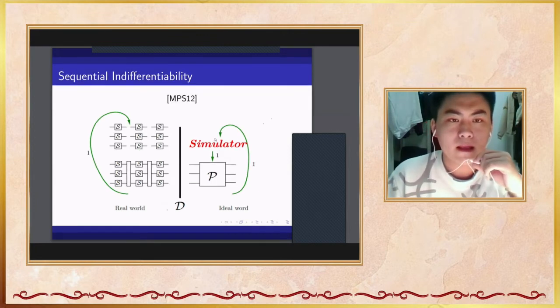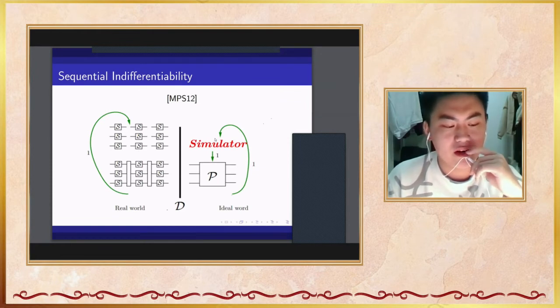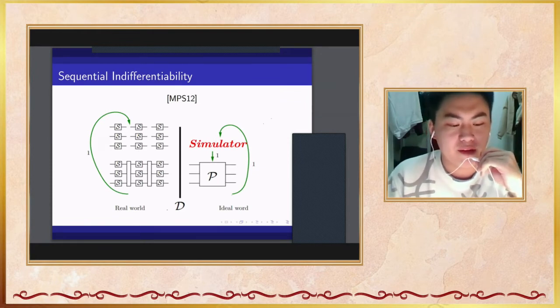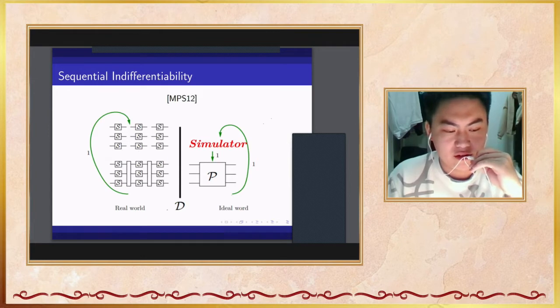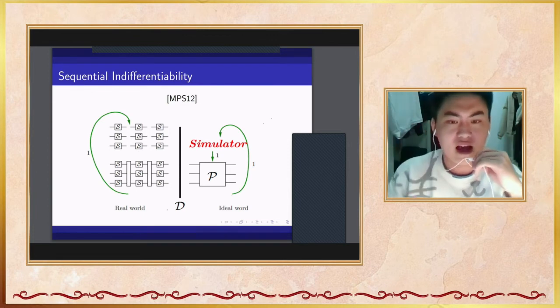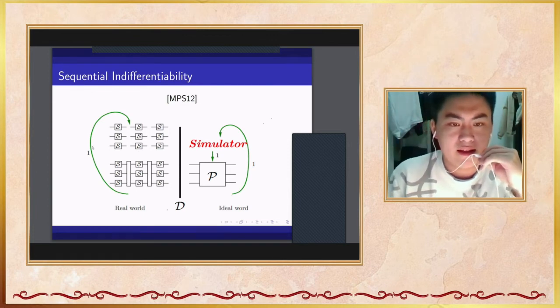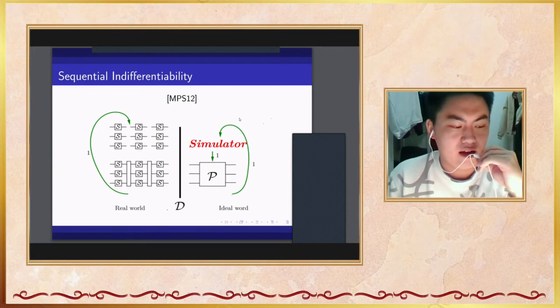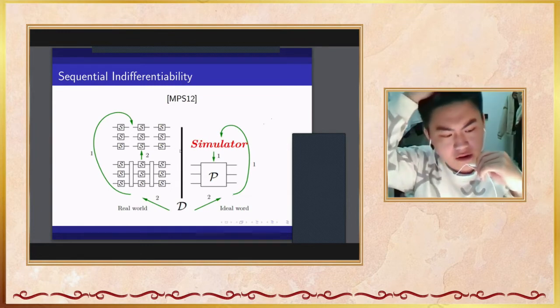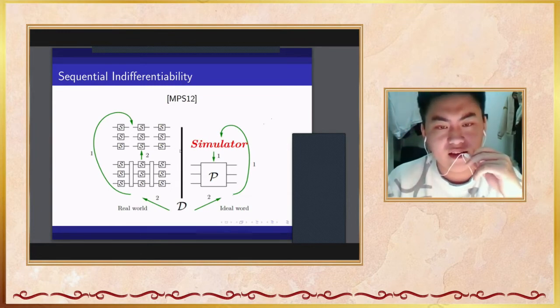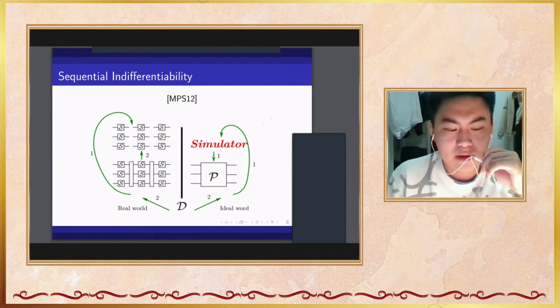If we consider the distinguisher to be sequential, called sequential indifferentiability, we restrict the distinguisher's query order to be sequential. In the first phase, the distinguisher queries the underlying primitive S-box and the simulator. The numbers on the arrows represent the order. In the second phase, it queries the construction CDN or the random permutation.